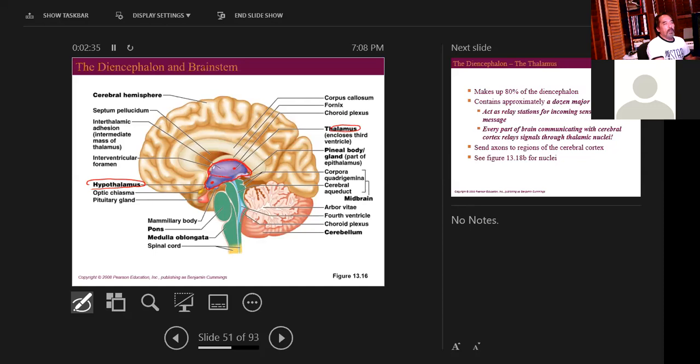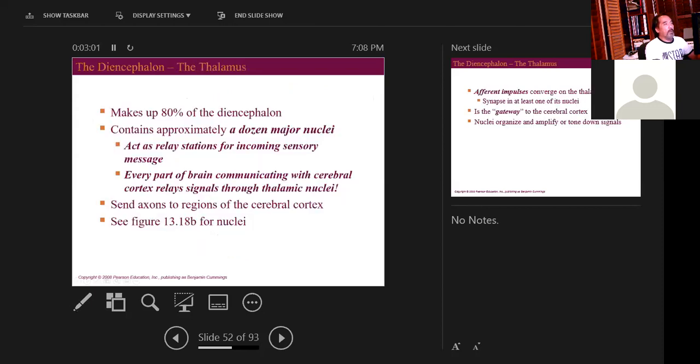So this is going to be the third ventricle. When I see the third ventricle, you're at the diencephalon. And the last part is the structure you see here at the back. That is the pineal body or pineal gland, which is part of the epithalamus. The pineal gland is actually a hormonal gland that creates melatonin. So those are my three parts.